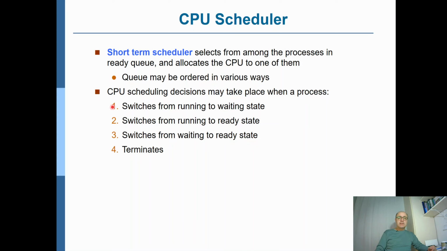One case is when a process is switching from the running state to the waiting state. Well, when does that happen? If it's in the running state, that means the process is in the CPU, it's running at the moment, and it switches to the waiting state, remember, when it tries to do some I/O, when it is waiting for an event. Okay? So when you want to do I/O, a scheduling decision should be taken.